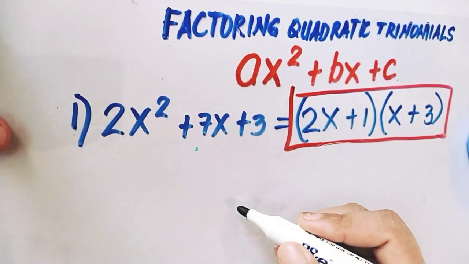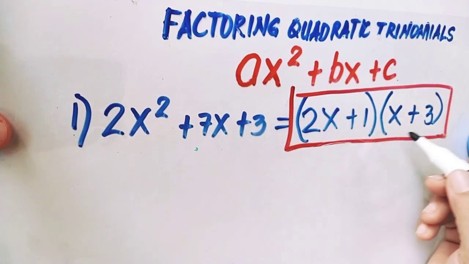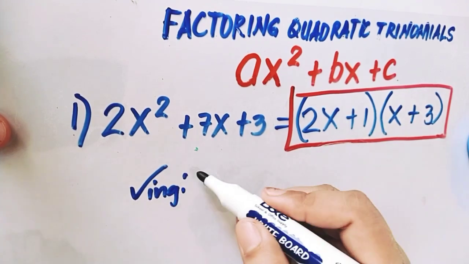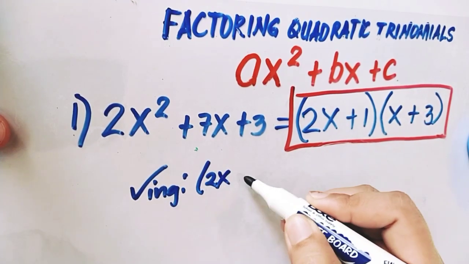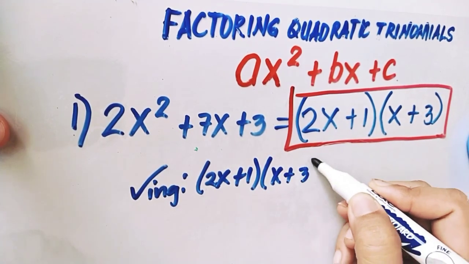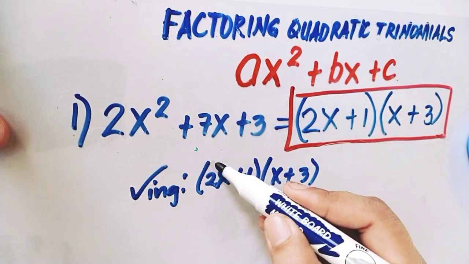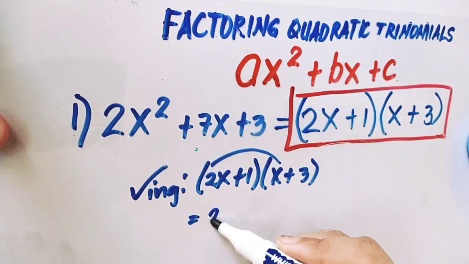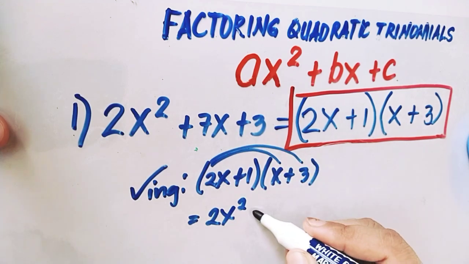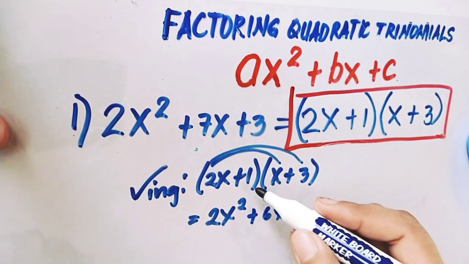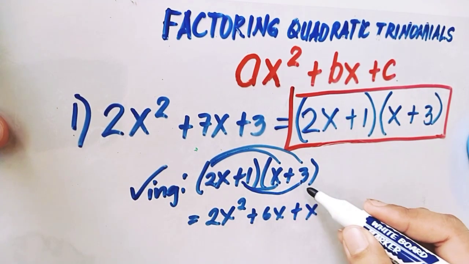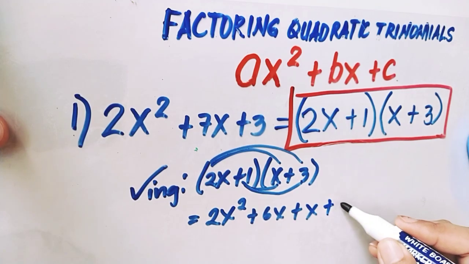We can check if our answer in number 1 is correct by multiplying the factors. So let's check. 2x plus 1 times x plus 3. By using the FOIL method, we can multiply 2x times x, that is 2x squared. 2x times 3, that is 6x. 1 times x equals x, and 1 times 3, that is positive 3.